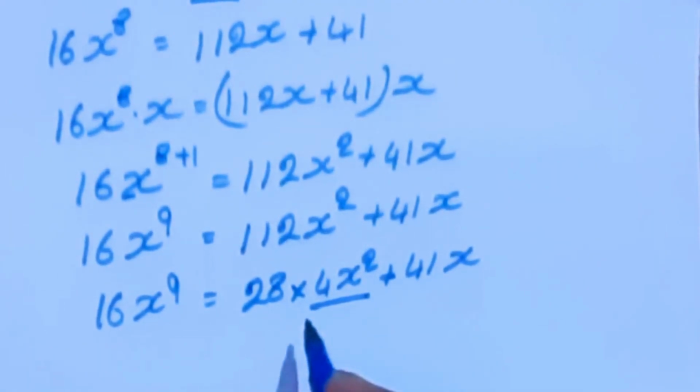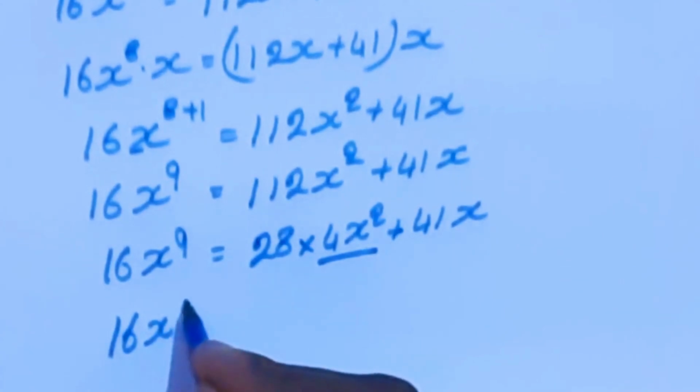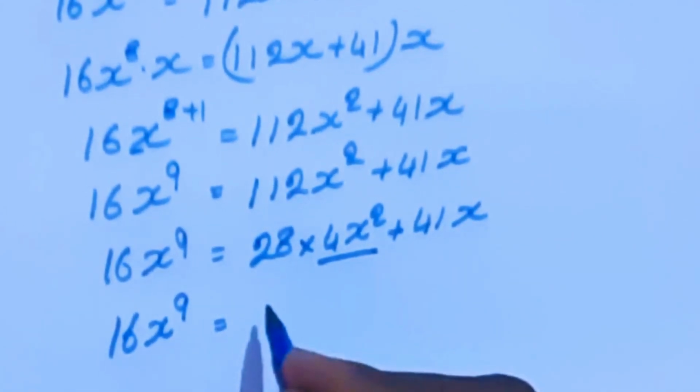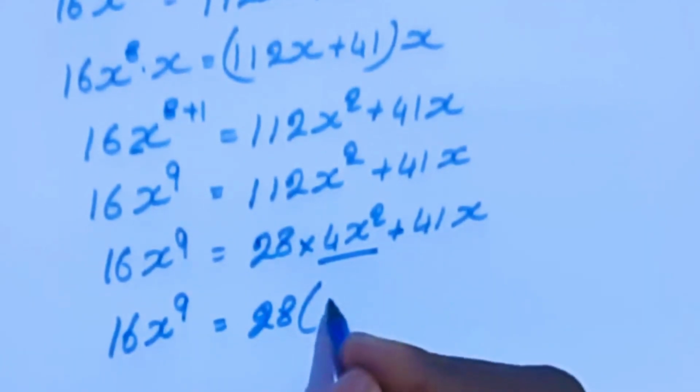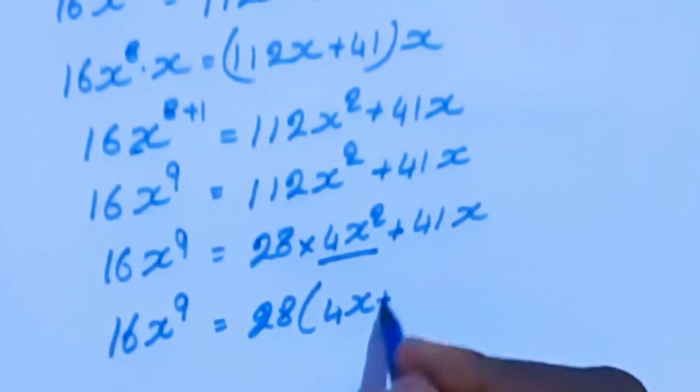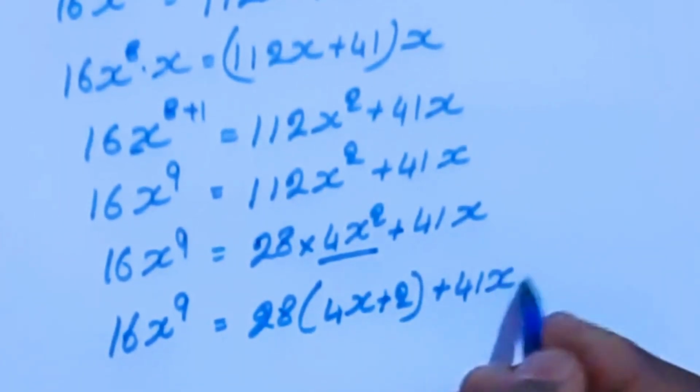Now we are going to apply equation 2 here. So 16x to the power of 9, 28 times of, here it is 4x plus 2 plus 41x.